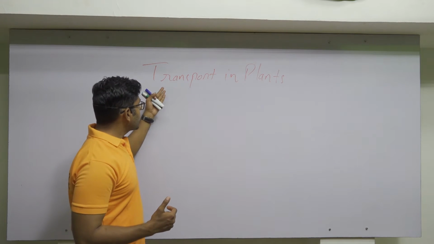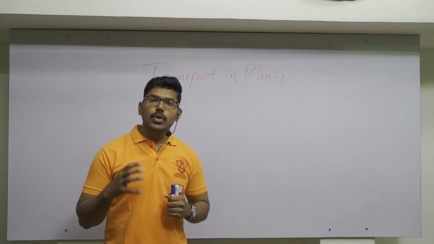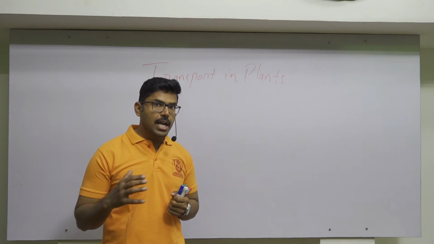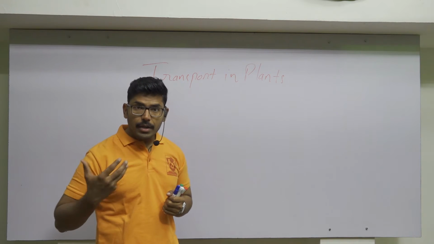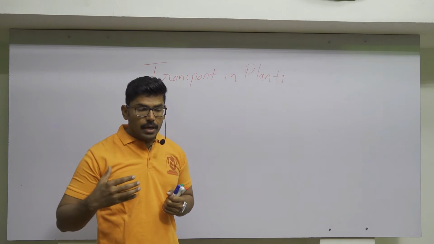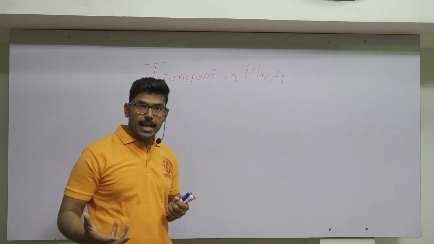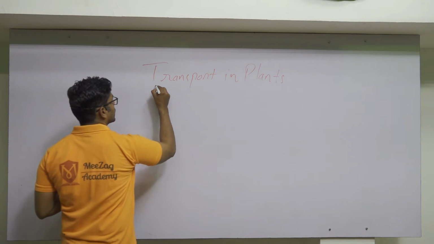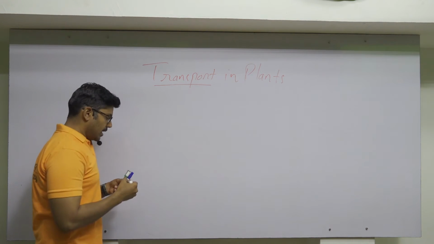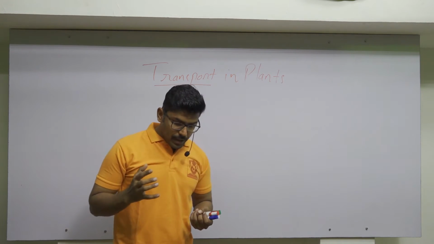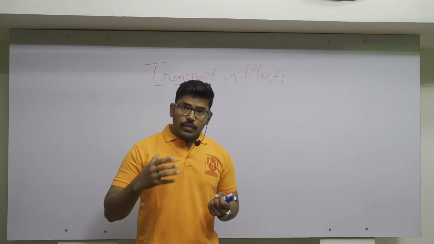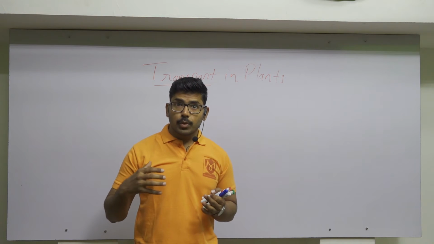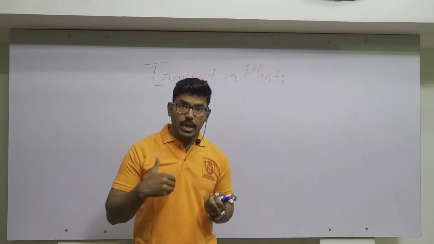First of all we will discuss the transportation. There are two methods by which plants transport their nutrients, minerals, water, etc. We know that plants do not have a transportation organ, as we have.